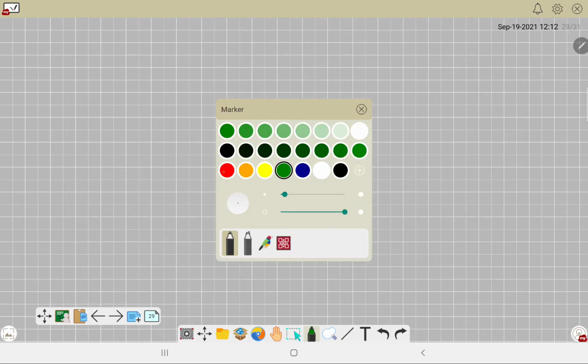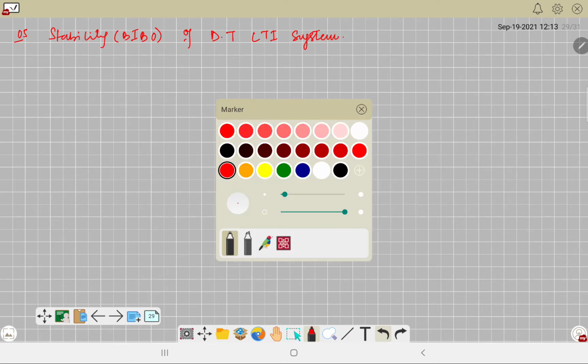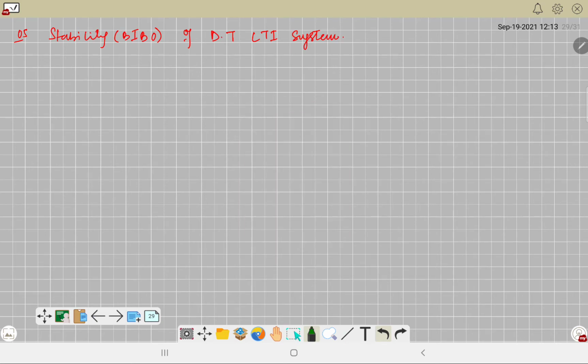Next, we will discuss the stability, that is, bounded input, bounded output stability of a discrete time LTI system. Okay. Maybe you will see it will be a similar kind of relation, similar kind of analysis.